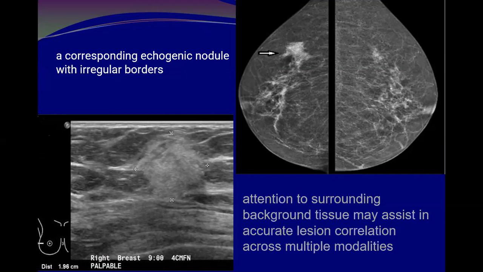In which direction will it move in the 90 degree mediolateral view? Will it move up or down? Do you remember? Down. Excellent. And the medial will move up.